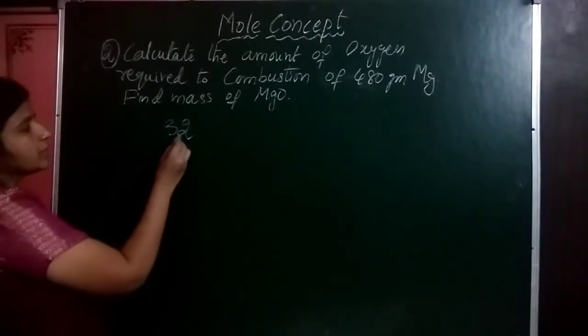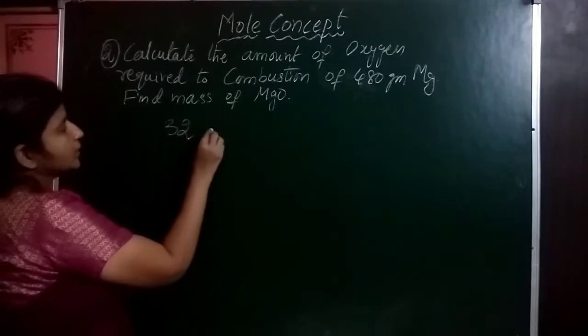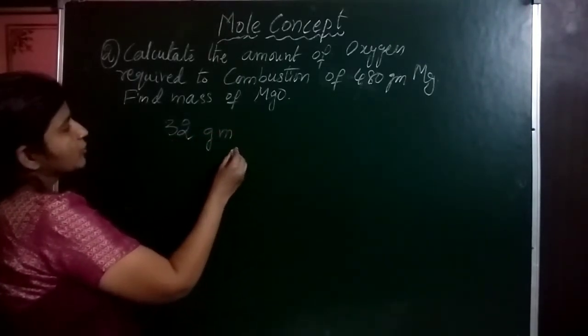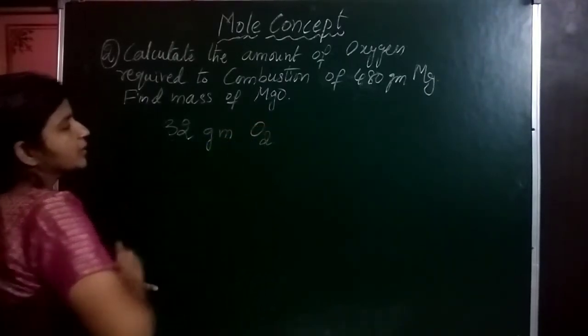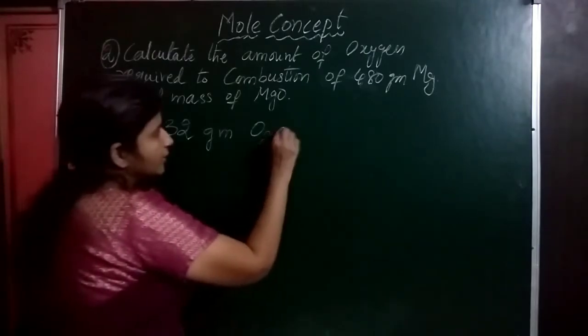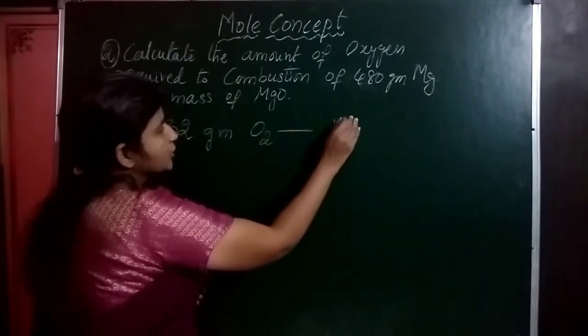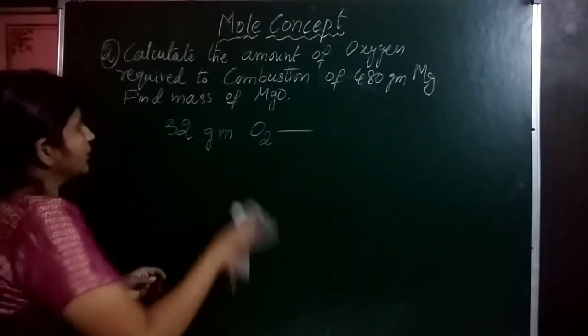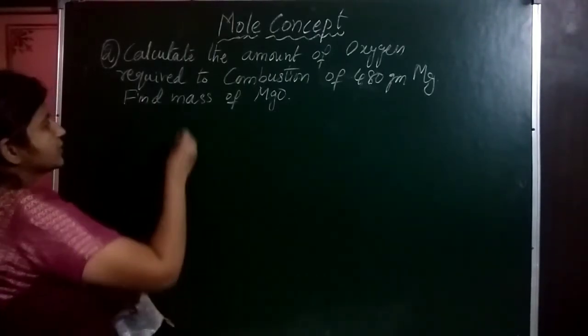And next, 32 grams of oxygen consumed. Then how much magnesium oxide is produced here, according to the equation? See the equation, I will write it again. Magnesium plus oxygen gives rise to magnesium oxide.